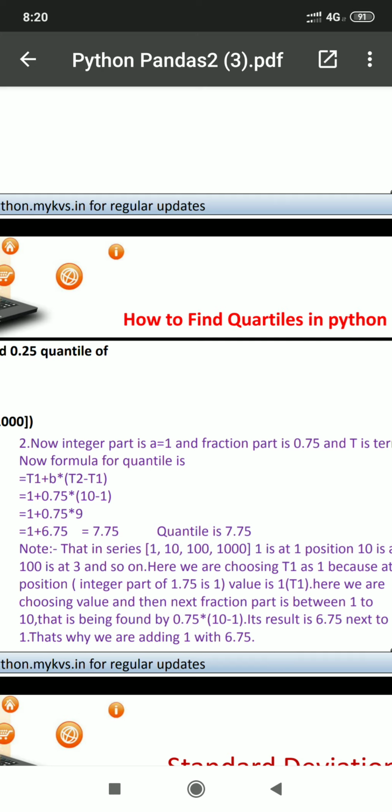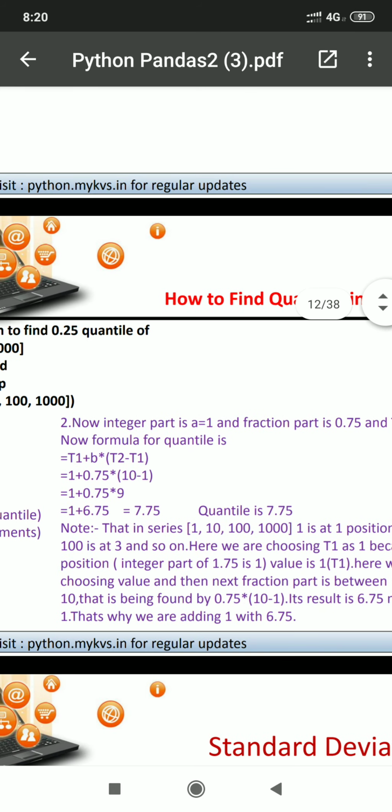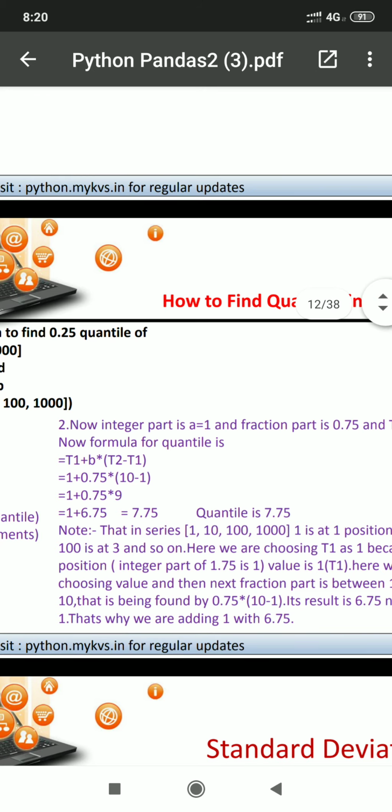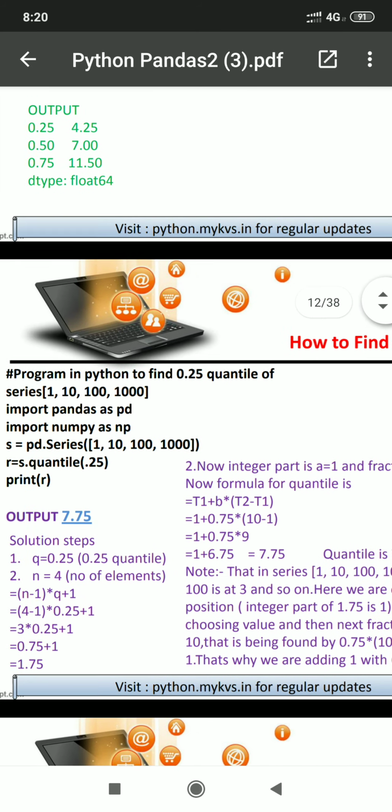T1 is the integer part, and B is its fractional part. Here it is 1 plus 0.75 into (10 minus 1). So our two numbers are term 1 and term 2.